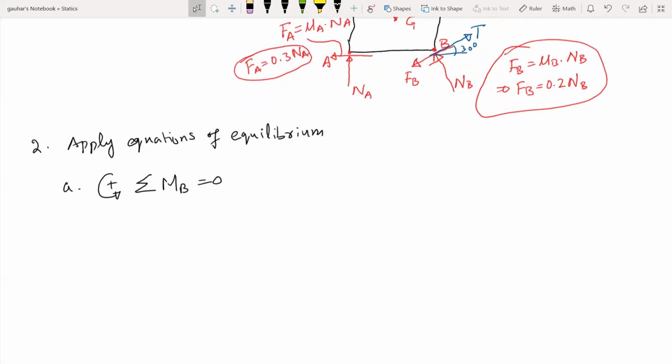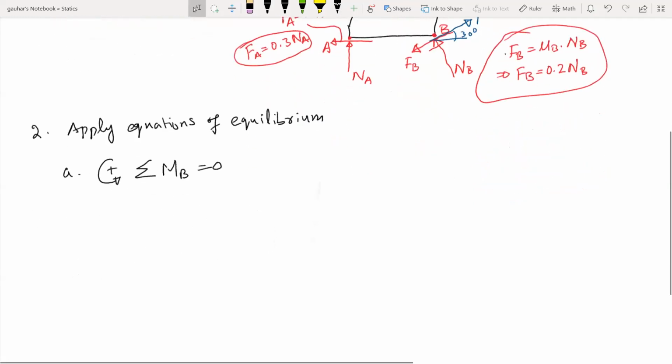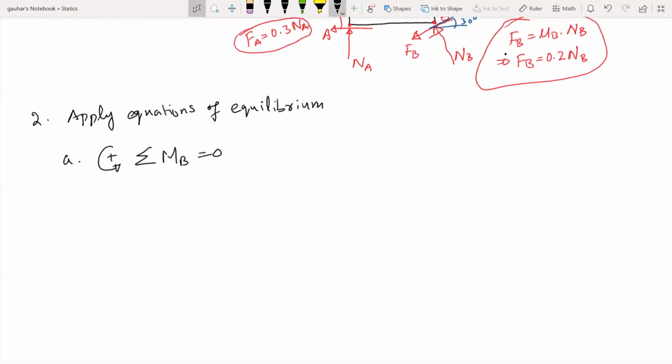So what forces will create moment at point B? If you look at the free body diagram, we only have two forces which are creating moment at point B, right? One is N sub A, and the second one is the weight of the bin, W. So what do we get for sigma Mb? We get 8,500 times 12, which is the moment arm.